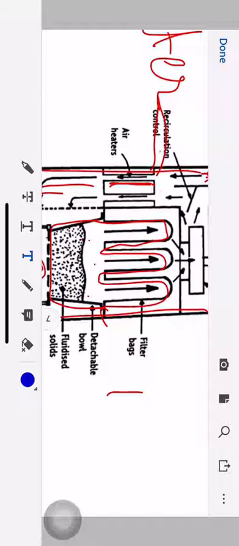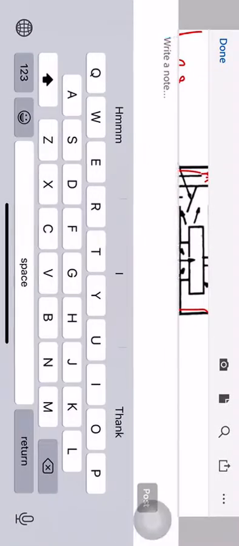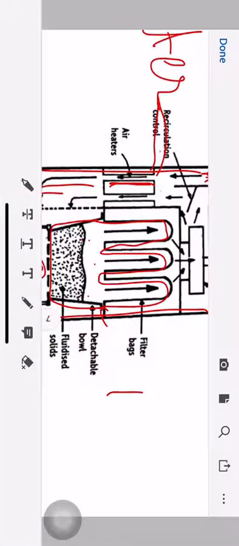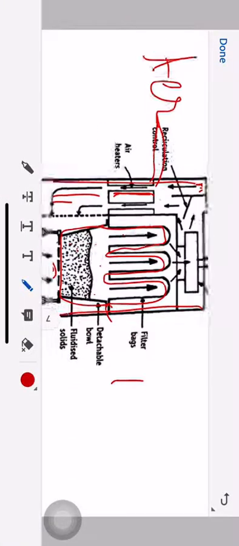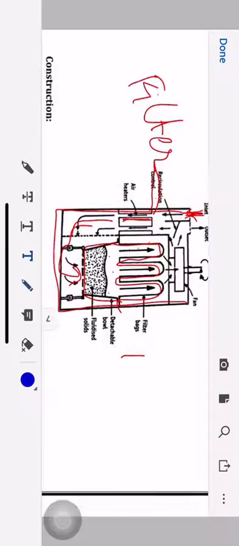Those particles can get entrapped in this bag. So the solid particles will be retained and the air will pass through, and this is the outlet from where the air will go out. And this is the fan that will keep your air circulated. So this is the fluidized bed dryer.